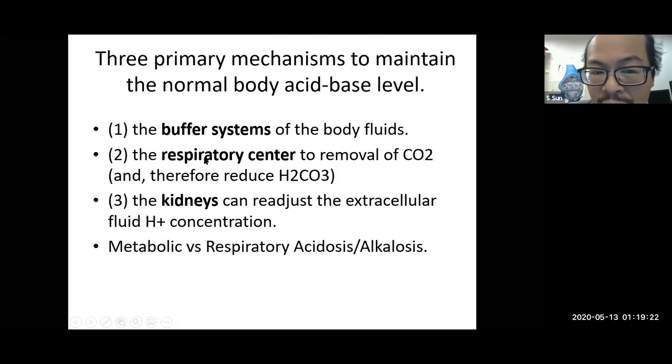Because these two organs are important in regulating our body's acidic level, when our body develops an acid-base disease, for example acidosis or alkalosis, we can classify it into either metabolic acidosis, metabolic alkalosis, or respiratory acidosis or alkalosis.